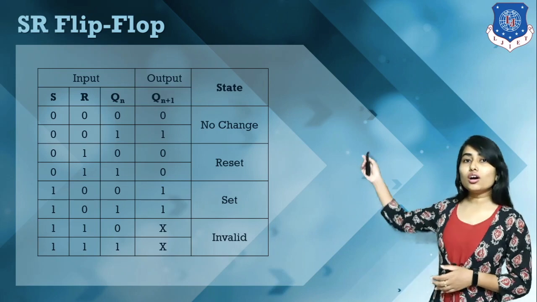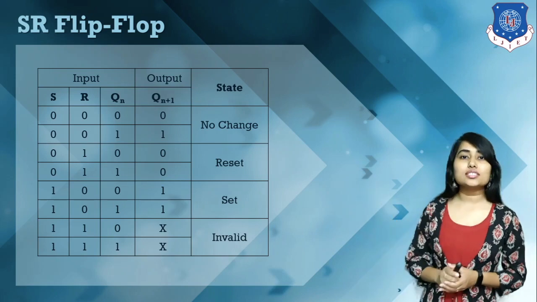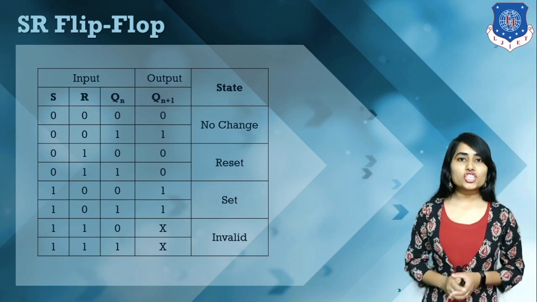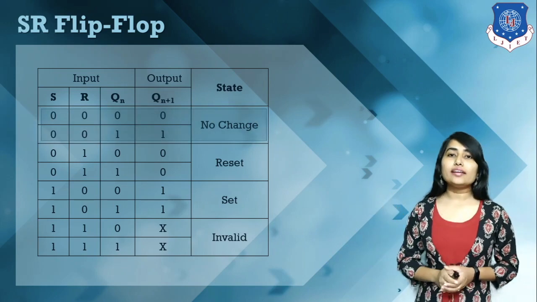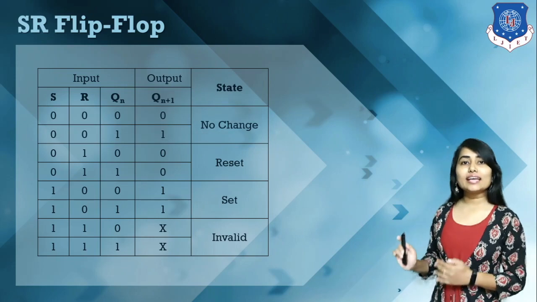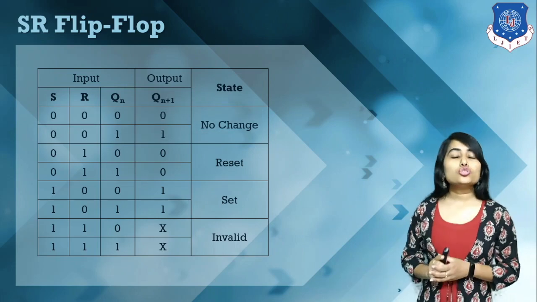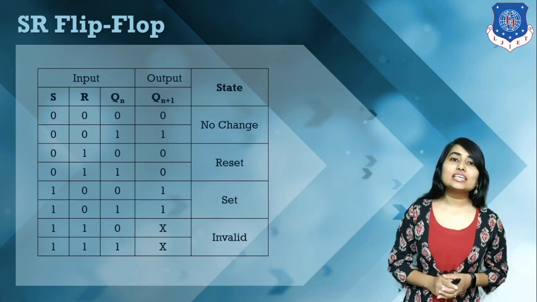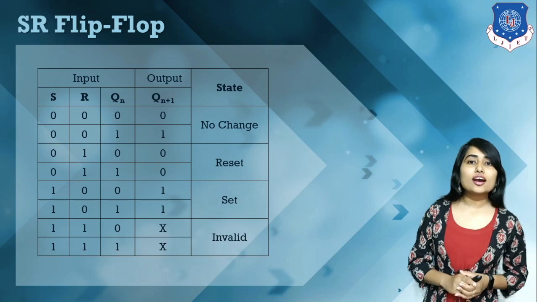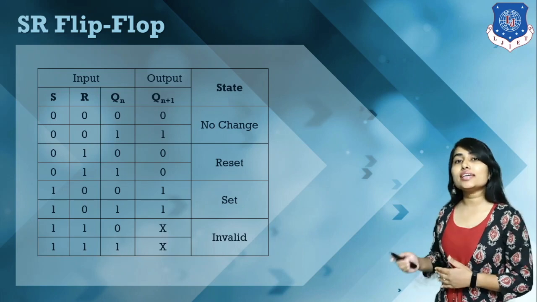So here all the 8 possible combinations are written. Now let's first consider the first condition. Here S and R is equal to 0, 0. Whenever S and R is equal to 0, 0, whatever the value of the past output is forwarded to the next output.